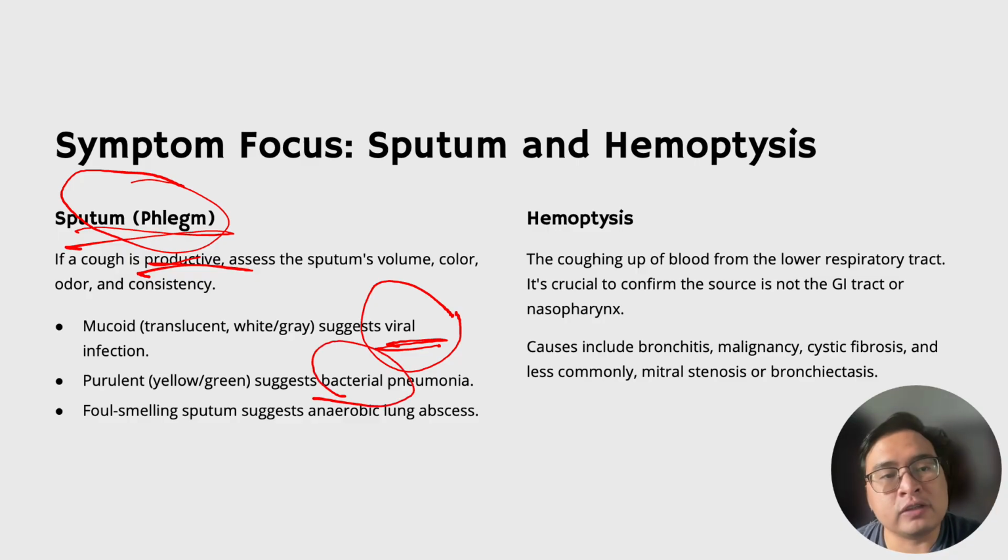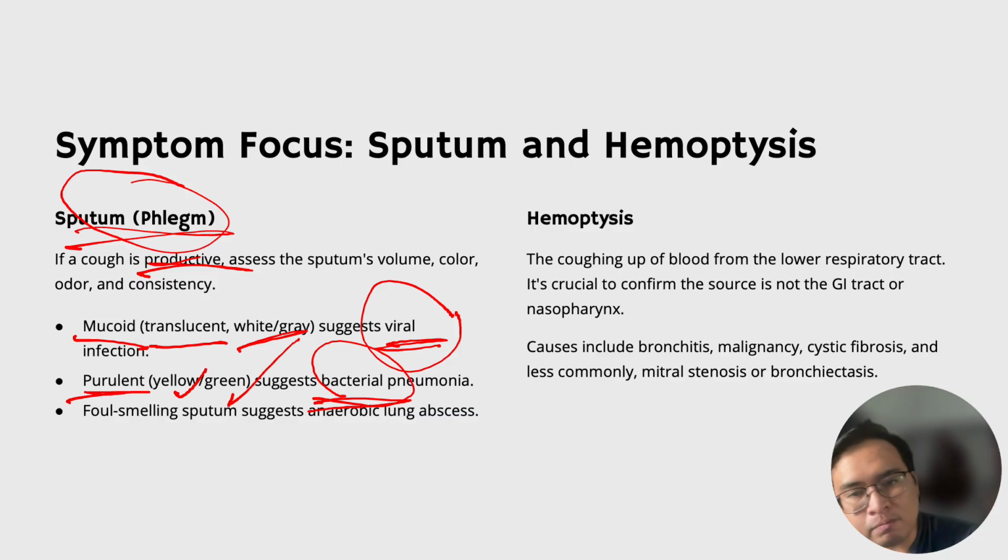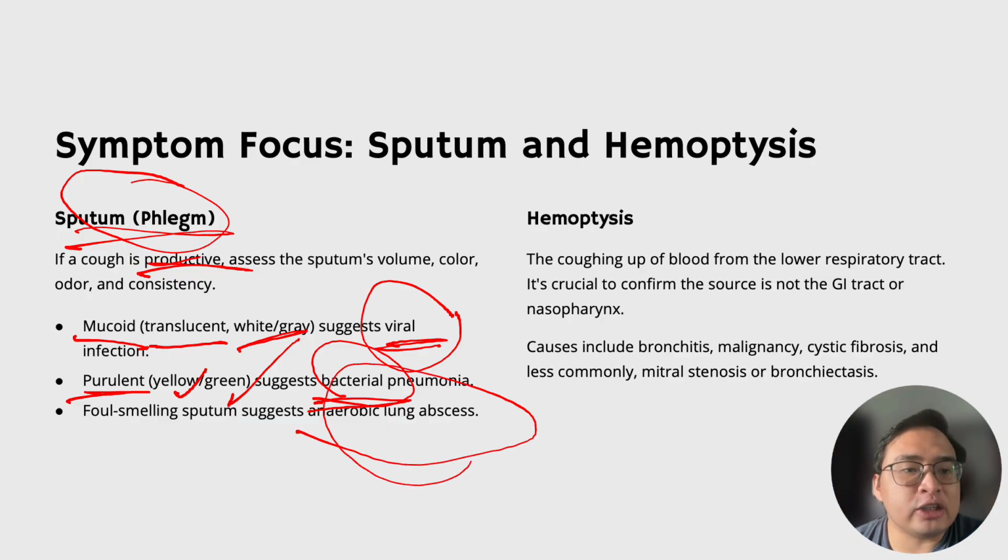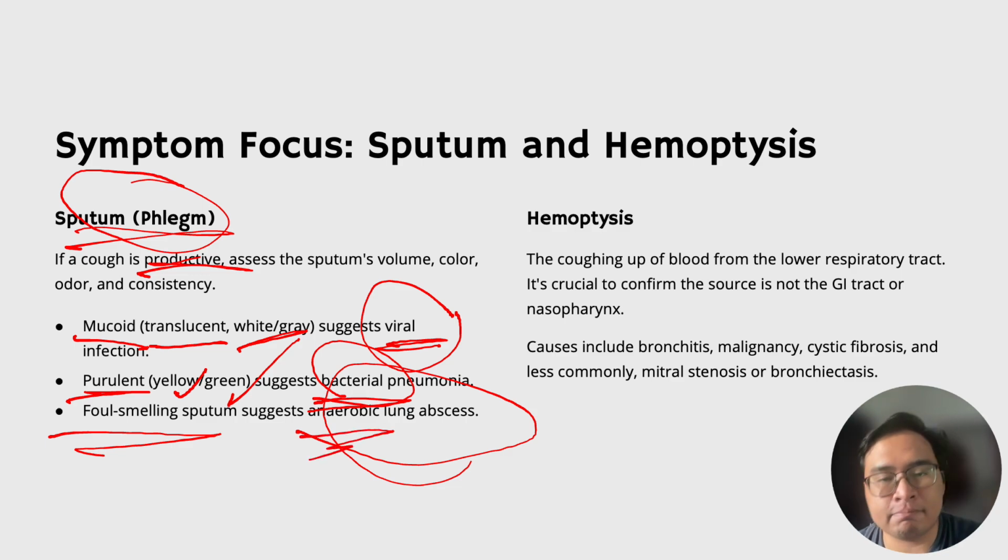So viral infection causes a mucoid sputum, which is translucent in appearance as well as whitish and gray in color, while bacterial pneumonia causes a purulent sputum, which is yellow or greenish in color. And lastly, we have anaerobic lung abscesses that could produce foul-smelling sputum. Okay, those are caused by anaerobic bacteria.